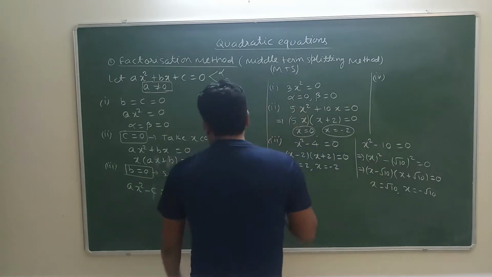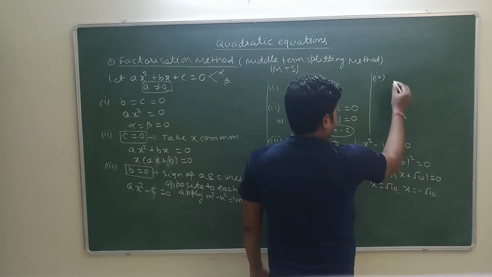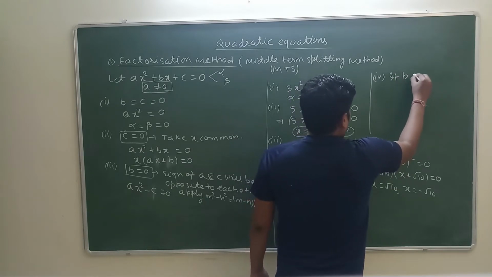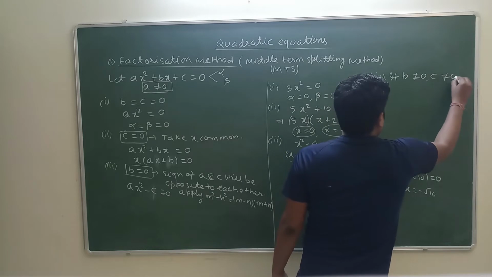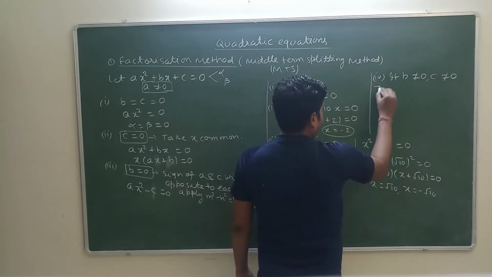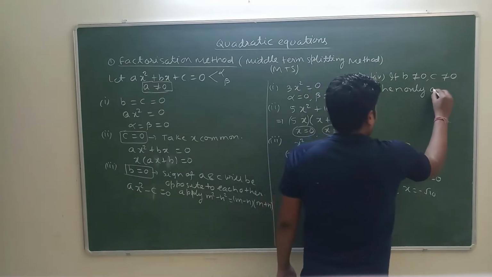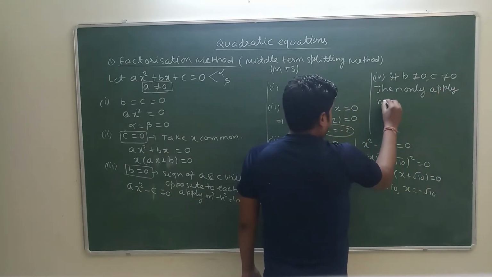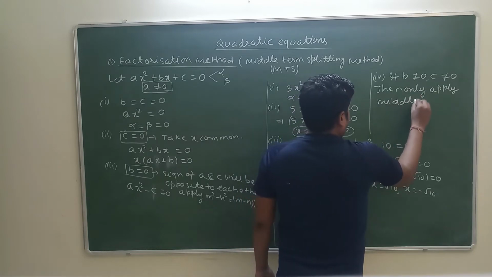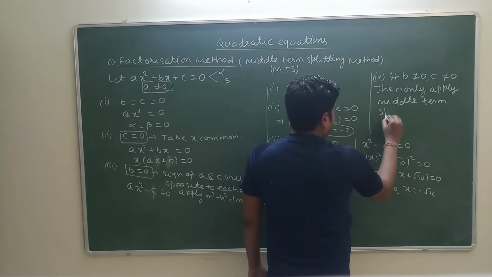In the quadratic equation, a can't be 0, and if b is also not equal to 0 and c is also not equal to 0, then only apply middle term splitting.